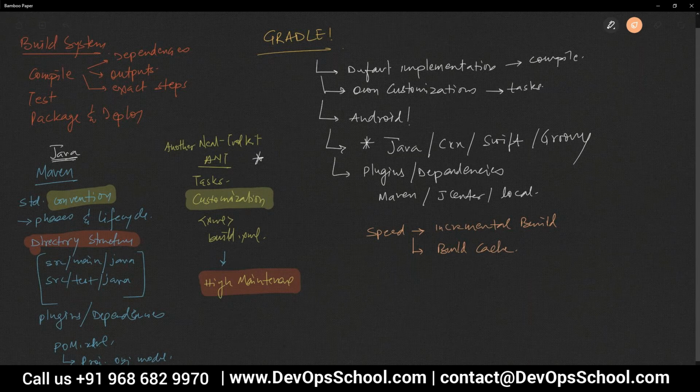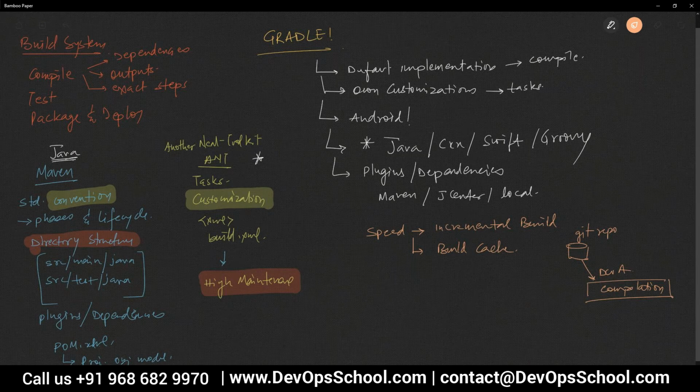So let's say you have a Git repository, right? Your project is in your Git repository, and there is a developer A who has downloaded the project and does a compilation.